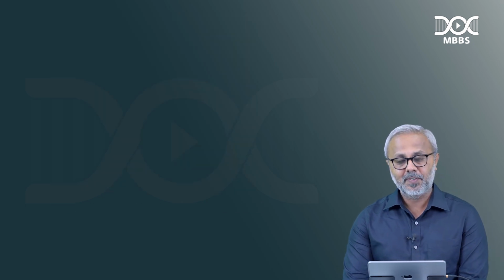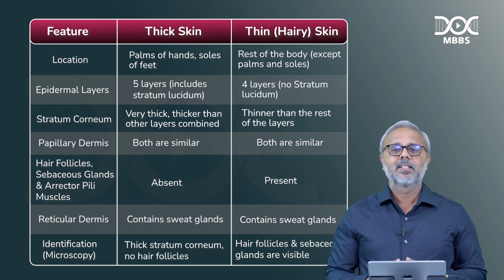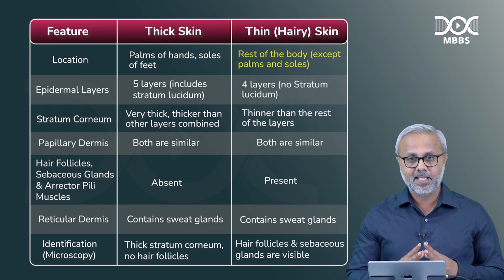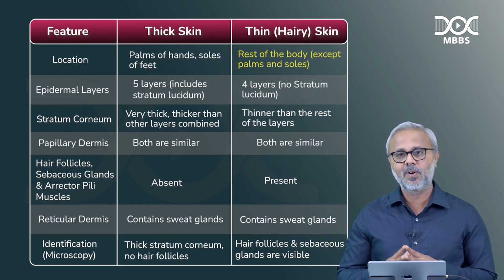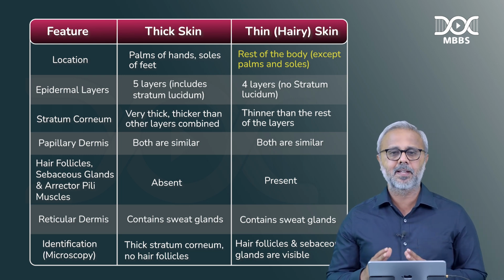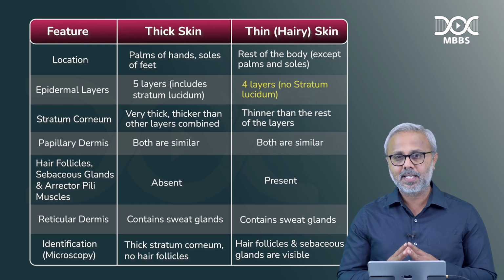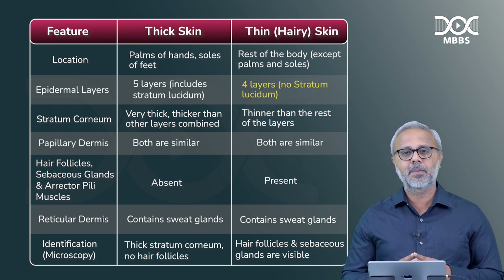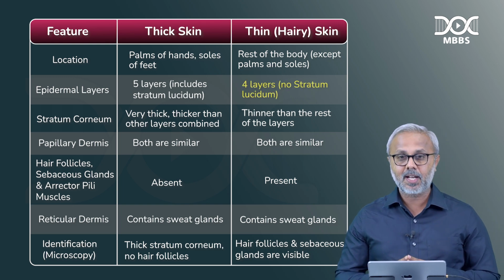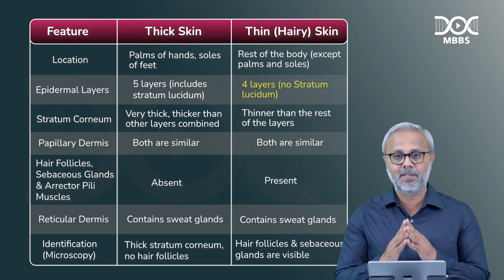What are the differences between thick skin and thin skin? If we just recollect, the entire epidermis is thinned out in thin skin or hairy skin. Hairy skin is found in all areas of the body except palms and soles. The epidermis in case of thin skin is made up of 4 layers: stratum basale, stratum spinosum, stratum granulosum and stratum corneum.